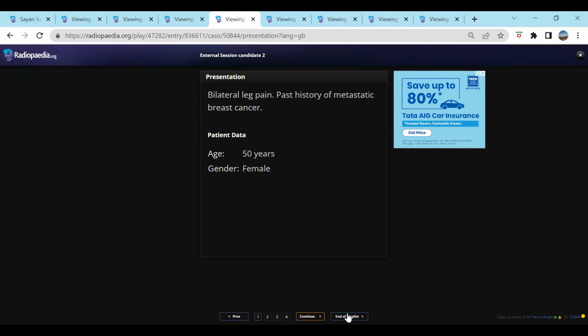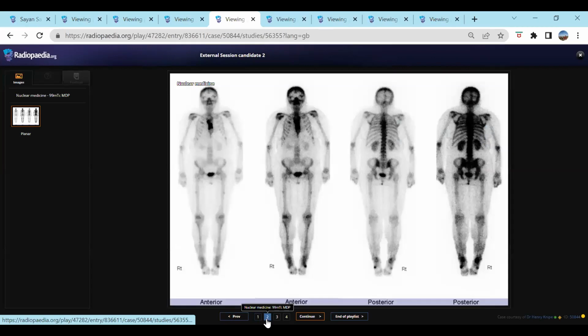Okay, so 50-year-old female with bilateral leg pain and past history of metastatic breast cancer. I've been provided with spot images of bone scan of a patient with history of metastatic breast cancer.